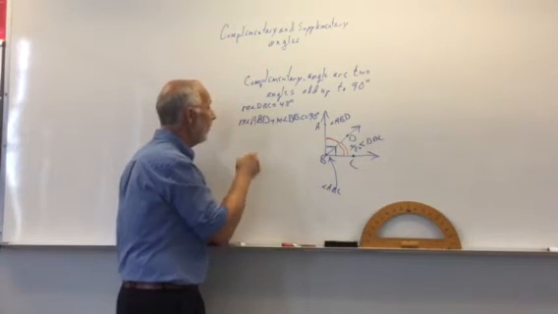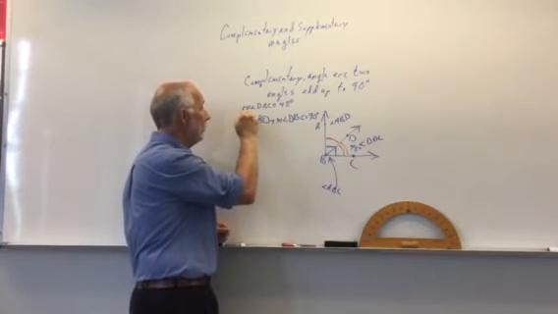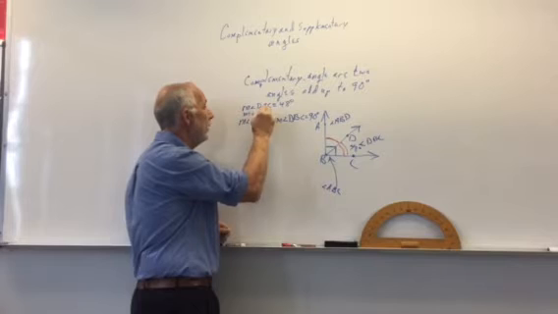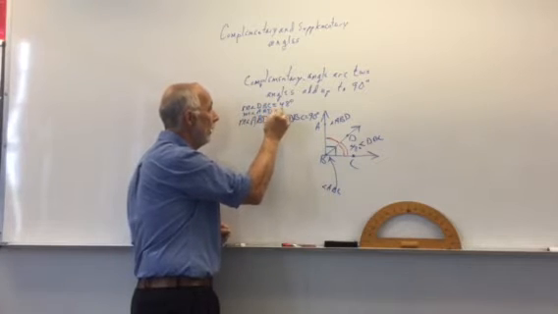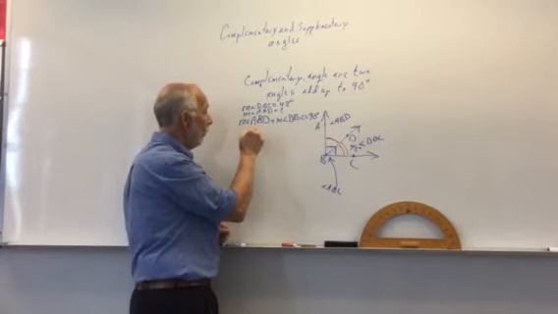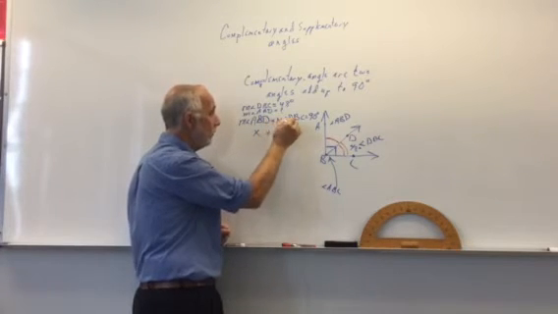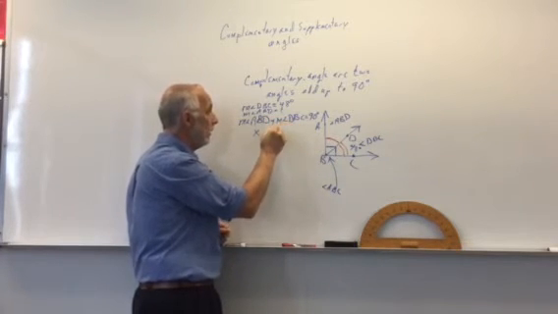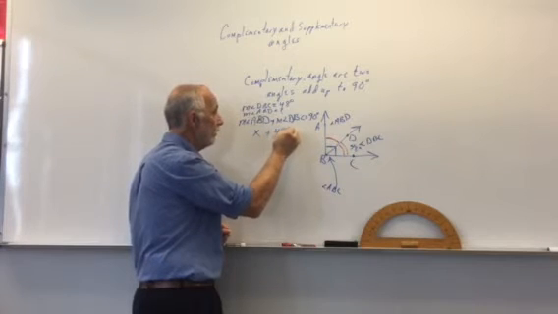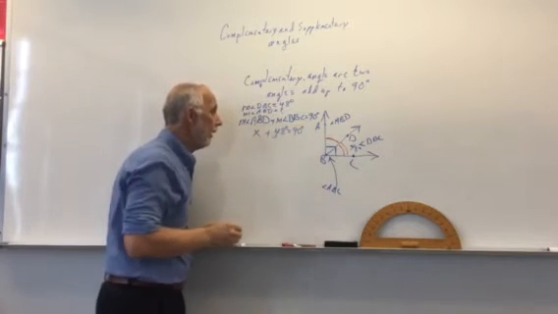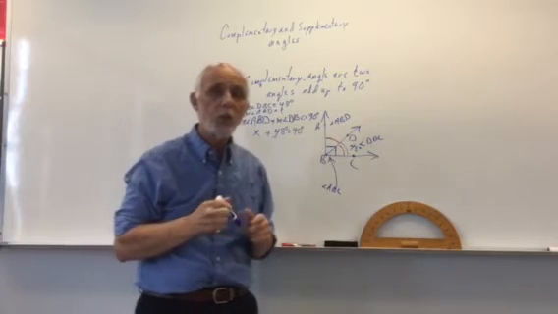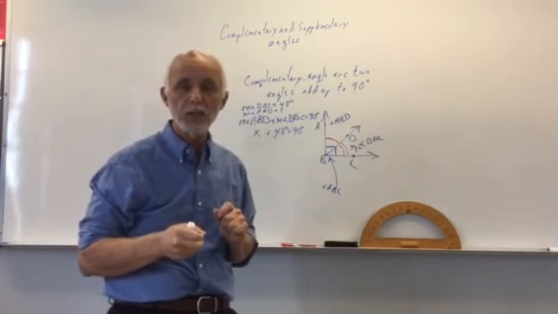And I wanted to find the measure of angle ABD. What I'm saying is, what plus 48 degrees equals 90 degrees?